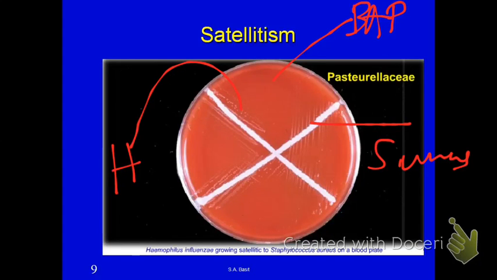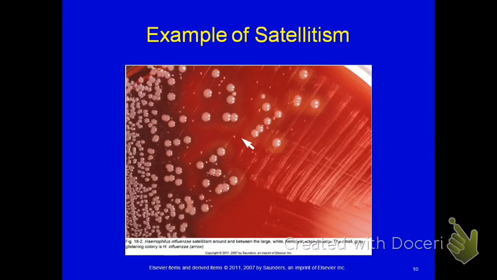Okay, so that's why it's called satellitism or the satellite phenomenon. Oh, here's another picture of that, a close-up view. So again, this would be the colonies of S. aureus, the bigger ones. Okay, and this would be the colonies of Hemophilus influenzae.